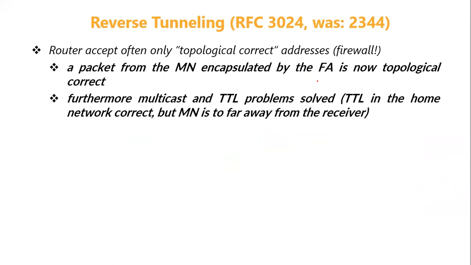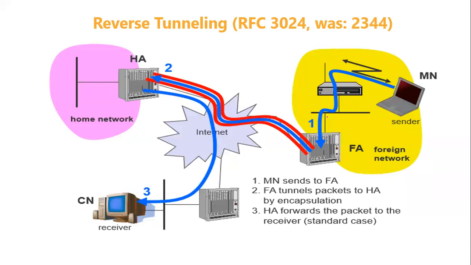As the FA is encapsulating, it becomes a topologically correct IP address. Otherwise, it is not a topologically correct IP address. I think you are getting the point. Initially the source IP address is MN, but when the packet reaches FA and is encapsulated, the source IP address is FA.